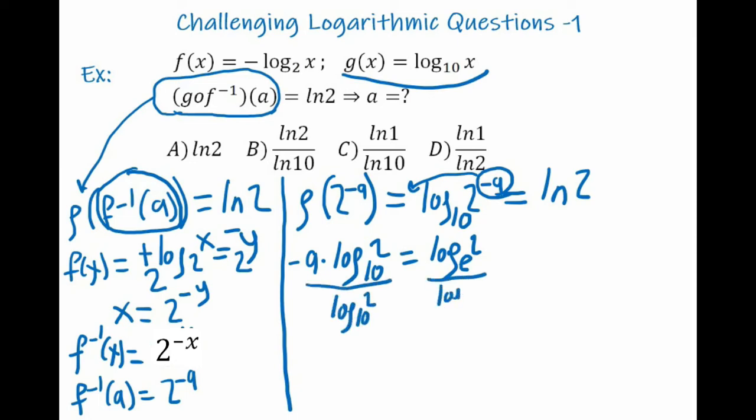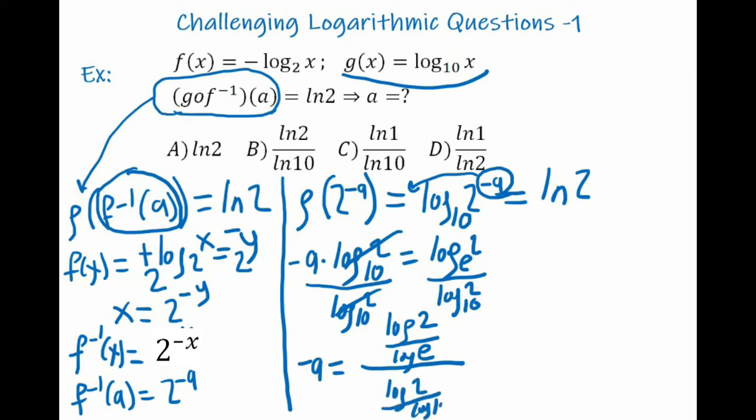These are gone, so negative a will be logarithm of 2 in base e divided by logarithm of 2 in base 10. And I will write those numbers as following. Logarithm of 2 in base e can be written as logarithm of 2 divided by logarithm of e. And for logarithm of 2 in base 10, I'm going to write it as logarithm of 2 divided by logarithm of 10.